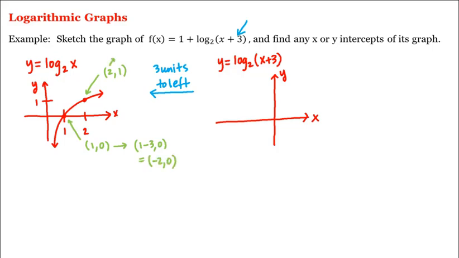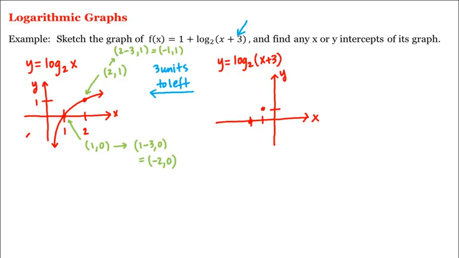And (2, 1) will move to (2 minus 3, 1), or (-1, 1). So here's (-2, 0). And if this is 1, then here's the point (-1, 1).